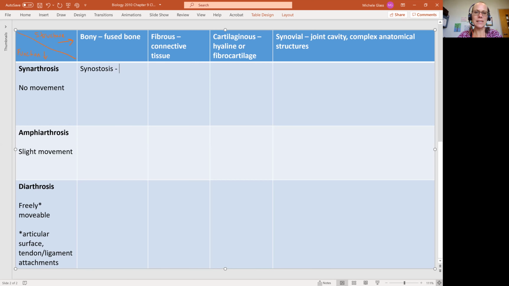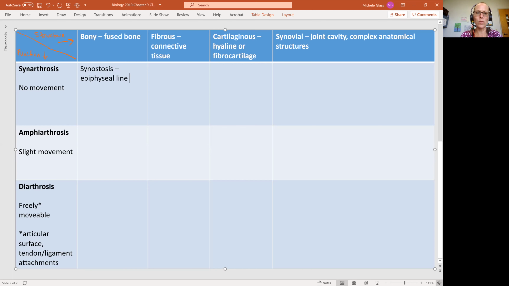A great example of this would be the epiphyseal line, once we have finished growing in that long bone. Think back to chapter 6 and how we saw a long bone had some cartilage at the metaphysis, and with full maturation of that bone, that cartilage fully turns to bone.